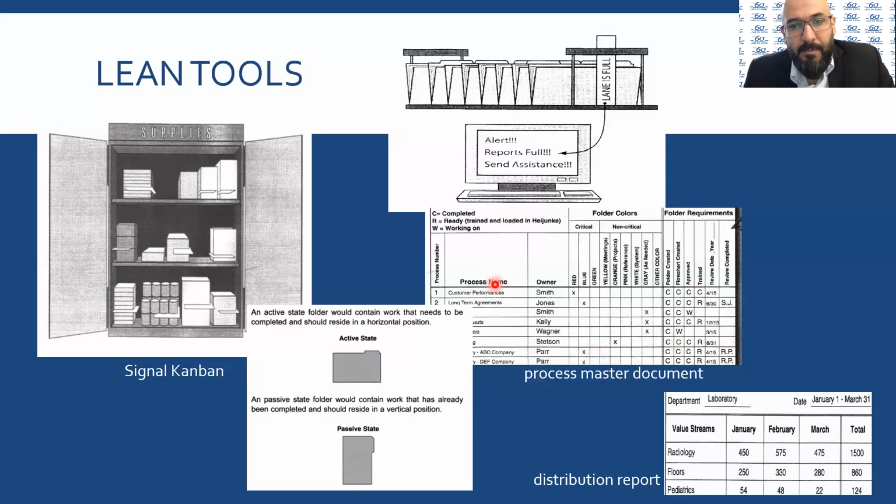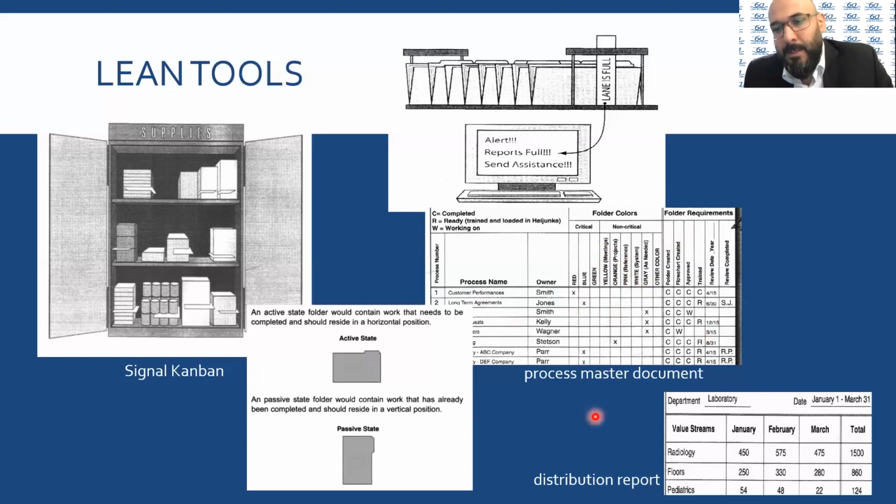It looks like this. Here's the process name and who the owner of the process is, in folder colors, whether red, blue, or green, showing how critical it is. If it's non-critical, it will take a different color for folder requirements. So if you see something like this in the exam, this is what we call the process master document.